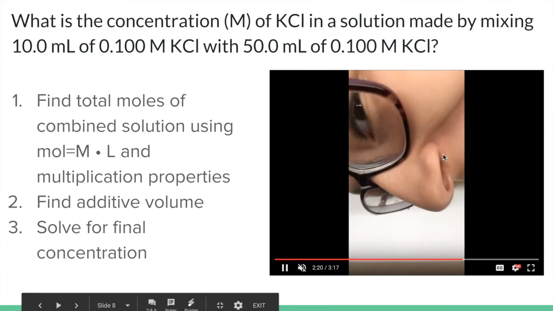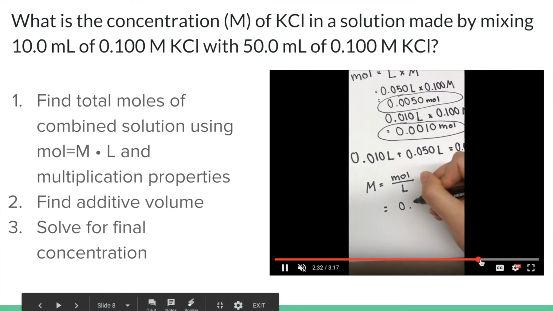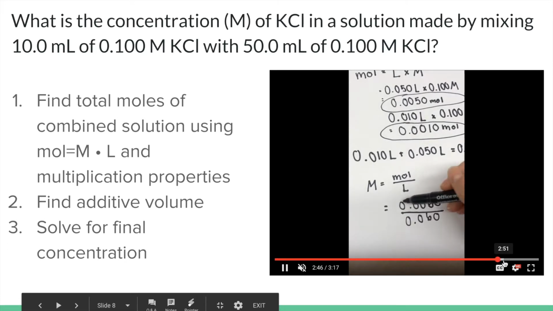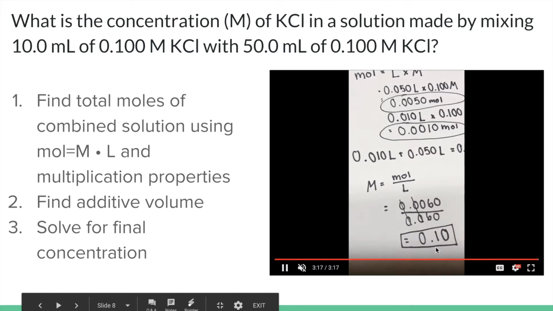So what we want to do is add these together, and we get 0.0060 moles over 0.060 liters. And we're simply going to cross out the zeros like we also learned before, leaving us with 0.10. And that's our final answer, 0.10 molar.